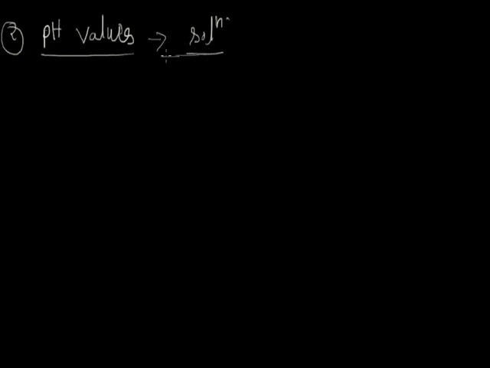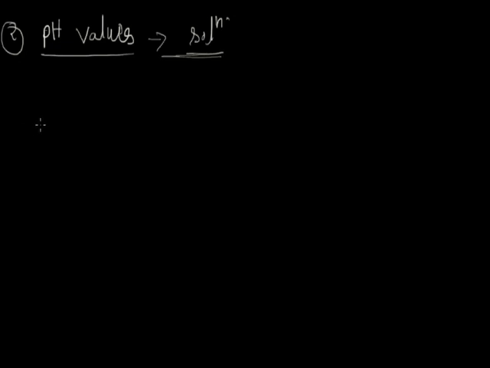Now the second type of classification of salts depends upon their pH values. Since pH is always found in the solution, that's why this classification depends upon the solution state.